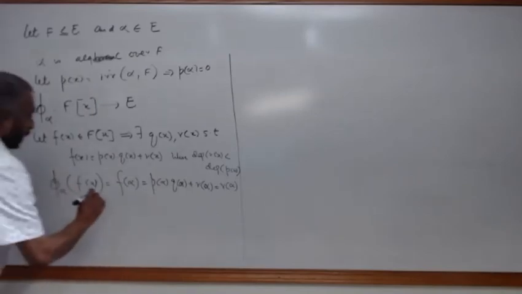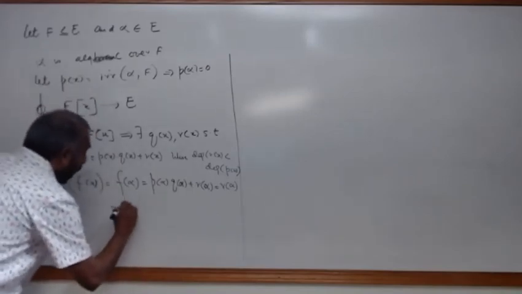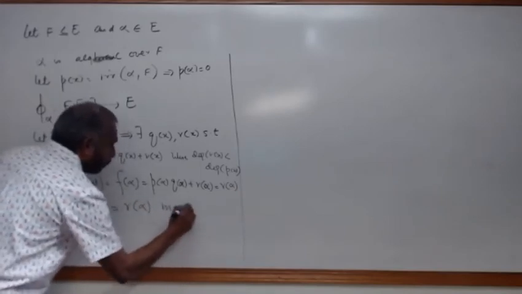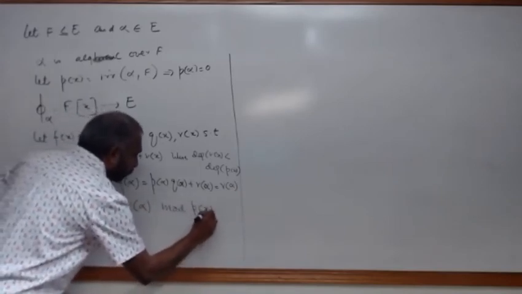So actually we can write it like this: this is equal to r of alpha, where r is f of x mod p of x.